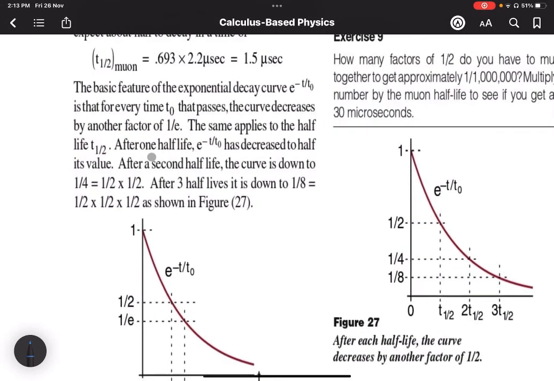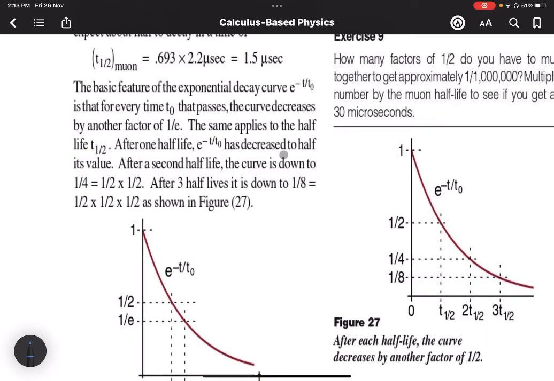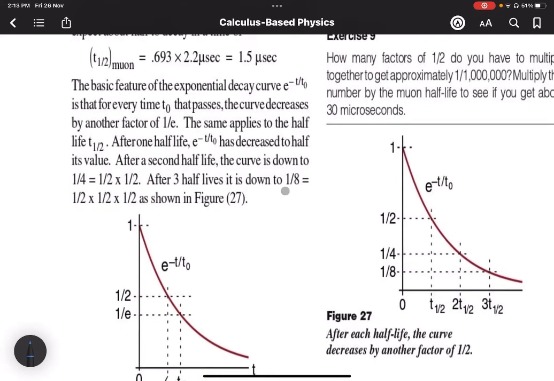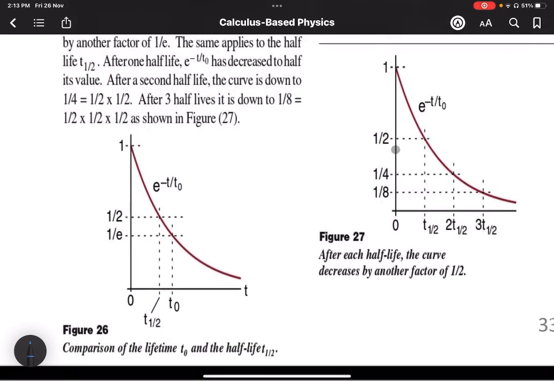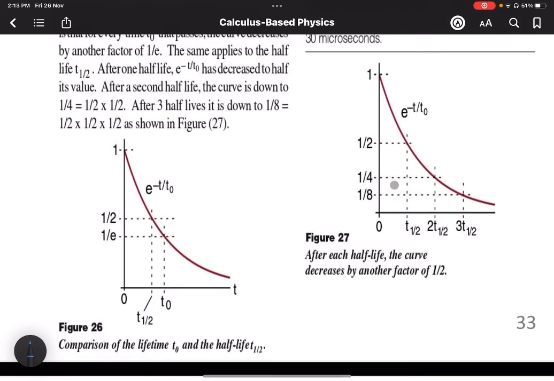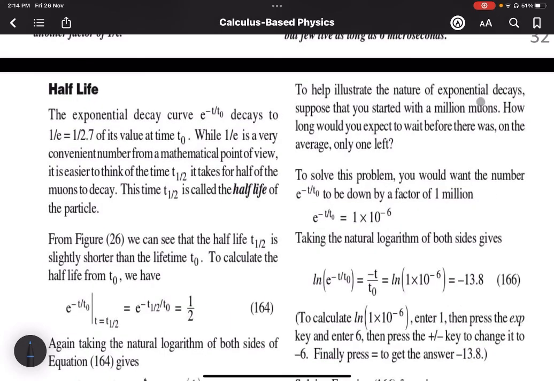So, after 1 half-life it has decreased to half its value. After the second half-life, the curve is down to 1/4. After 3 half-lives, it is down to 1/8. Nahati siya ng nahati by half. Lifetime, half. Yung half nito, hinati uli half. And then yung half na to, nahati uli. And it will give us the 1/8 of the portion. That illustrates the nature of exponential decay.